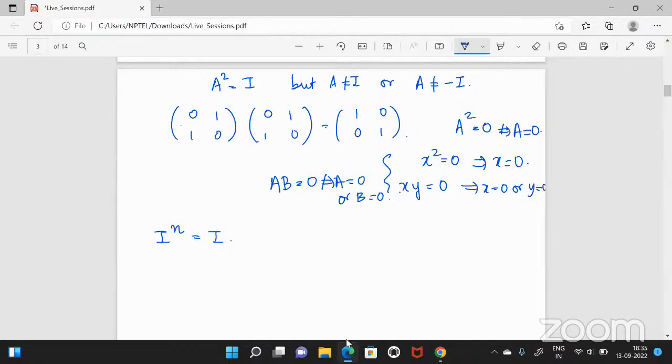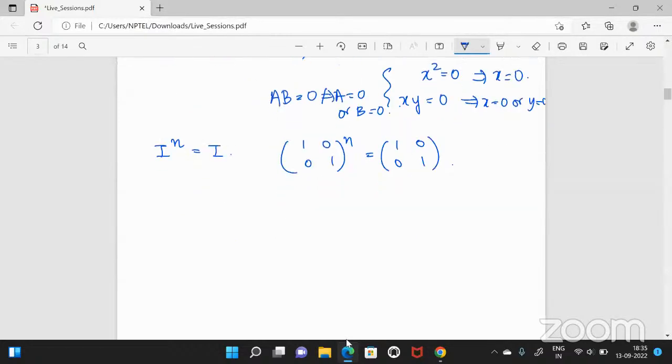Okay, so all ones will be the same, no matter what power we have. Yeah, [[1,0],[0,1]] to the power n is going to be [[1,0],[0,1]]. In fact, if you have a diagonal matrix [[A,0],[0,B]], what is the square of this matrix?